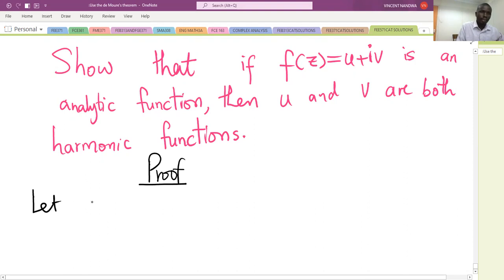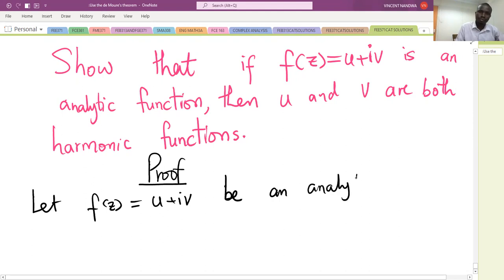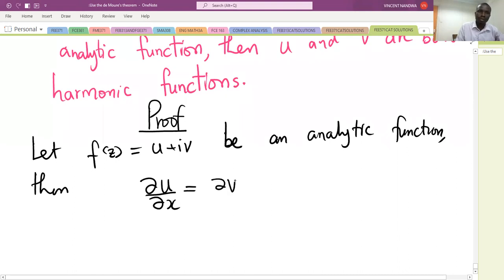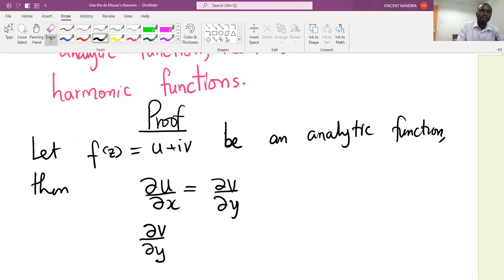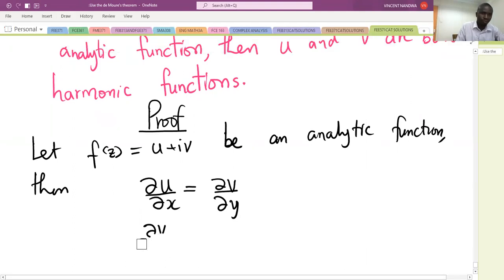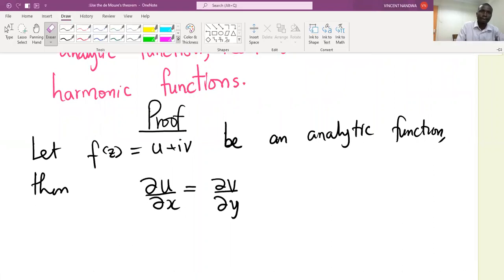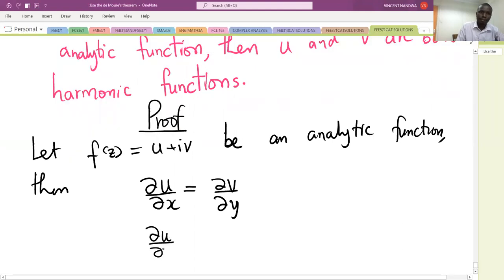So let f of z equals u plus iv be analytic, then partial u partial x equals partial v partial y, and partial u partial y is negative of partial v partial x.